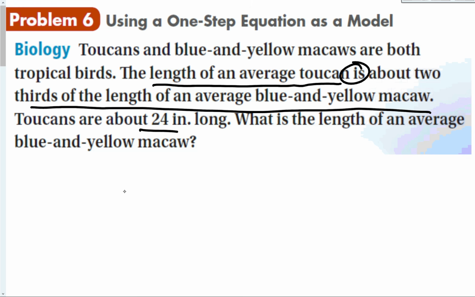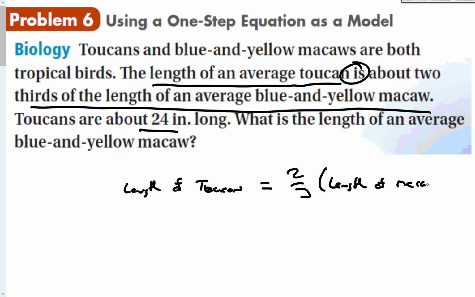So we have the length of toucan is 2/3 times the length of macaw. So there's my basic equation.